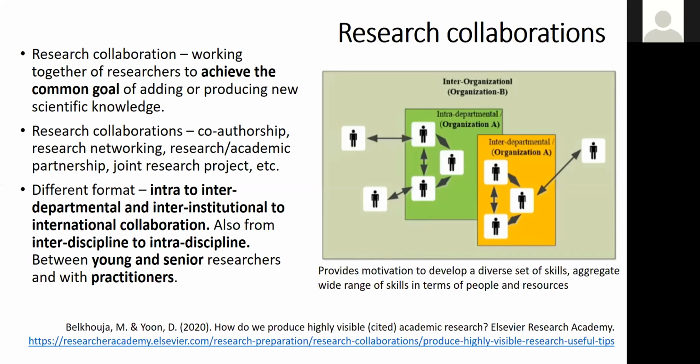So the way you work in terms of your publication, whether you're co-authoring or putting in a joint research project or joint grant submission, becomes important, because it's going to create the impact and the visibility. Then the format of collaboration can be within the department, institutional, from one university to another, between younger researchers and senior researchers, or even with a practitioner from the industry.